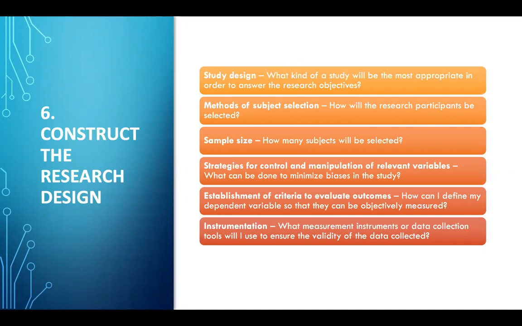Then the methods of subject selection. How will the research participants be selected? So you are dealing here with the sampling technique or the sampling design. Then the sample size, how many subjects will be selected?